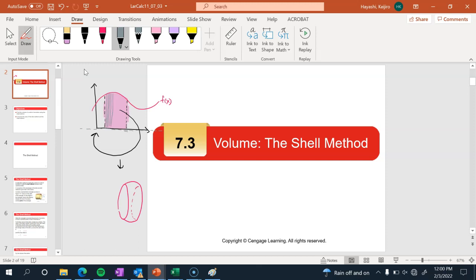And so you're forced to do this dx, if you only know disks. The width of these little slices is an incremental change in x. So the way that we're chopping this up is with respect to x. So this is for the disk method.